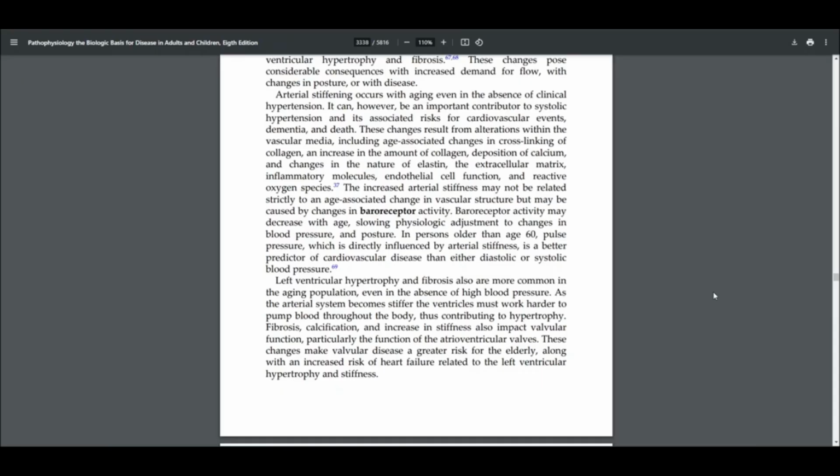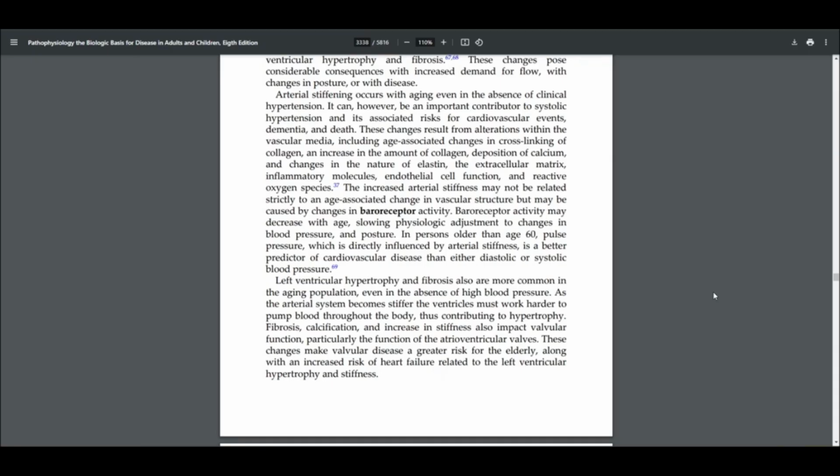These changes result from alterations within the vascular media, including age-associated changes in cross-linking of collagen, an increase in the amount of collagen, deposition of calcium, and changes in the nature of elastin, the extracellular matrix, inflammatory molecules, endothelial cell function, and reactive oxygen species.